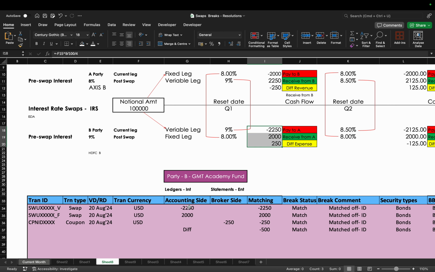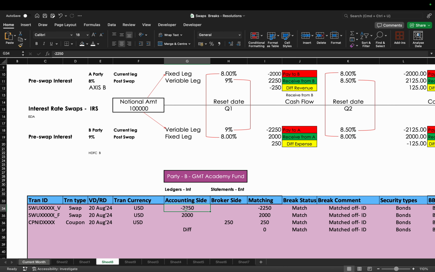The same logic you can apply here as well. So now you see 0, which means the broker posted coupon 250 USD, and you have also booked 250, because these are the accounting side, meaning the ledger side.